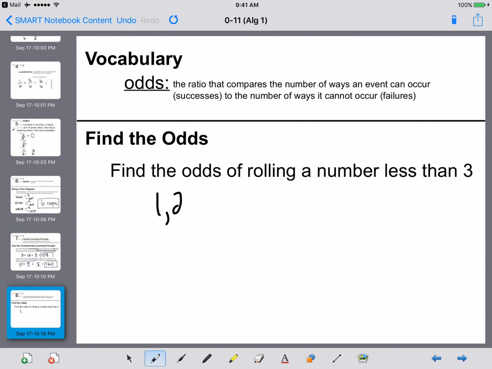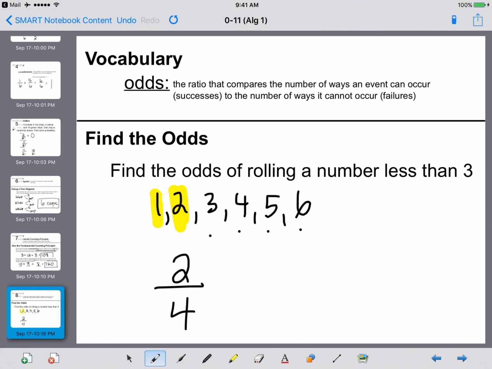So if all our numbers are 1, 2, 3, 4, 5, and 6, the numbers that are less than 3 are 1 and 2. So our odds are 2 to the number of ways it can't occur, 4. You can write it as a fraction 2/4, or you can write 2 to 4. Both of those represent the odds.